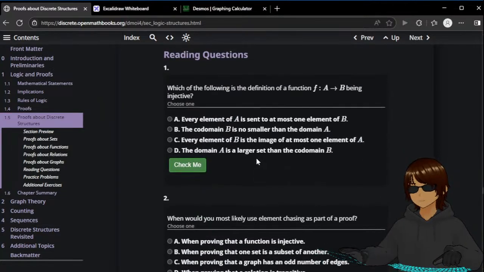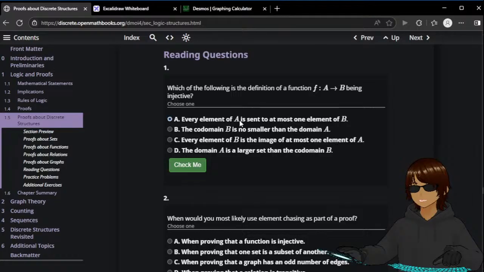I'm getting confused. Which of the following is the definition of a function from A to B being injective? At most, codomain. Every element of B is the image of at most one element.